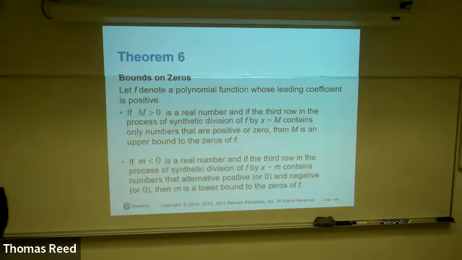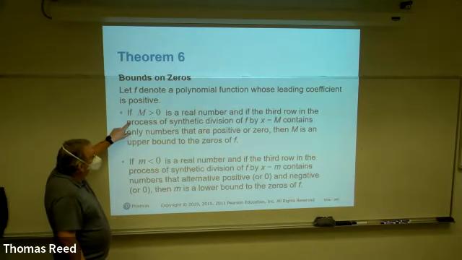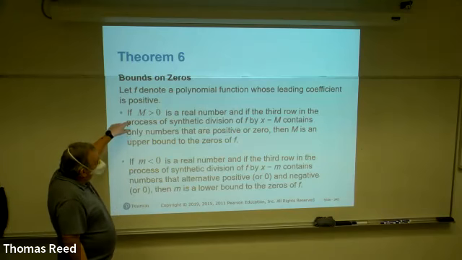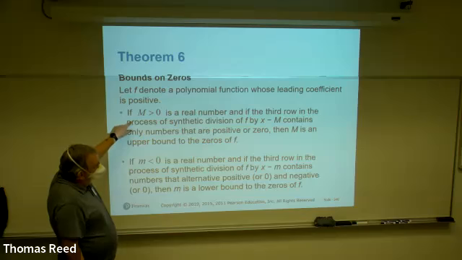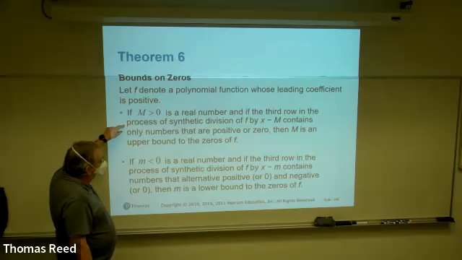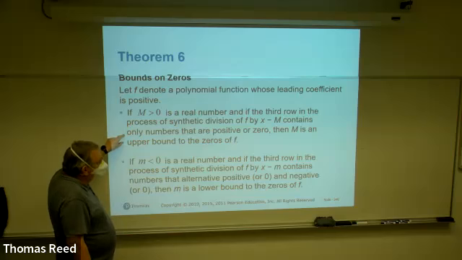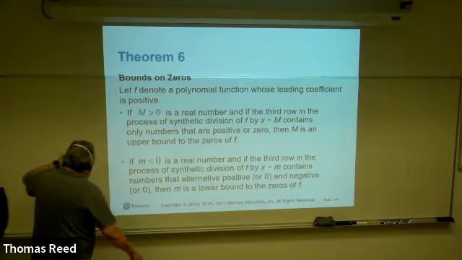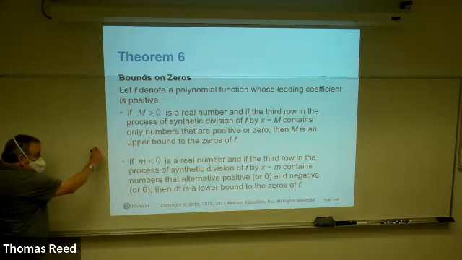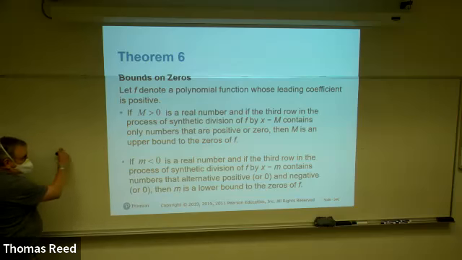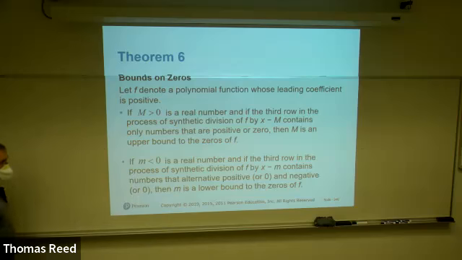If f denotes a polynomial function whose leading coefficient is positive, if m is greater than 0, is a real number, and if the third row of the process of synthetic division by x minus m contains only numbers that are positive or 0, so that third row, if all you get are positive numbers or a 0, then that's an upper bound.